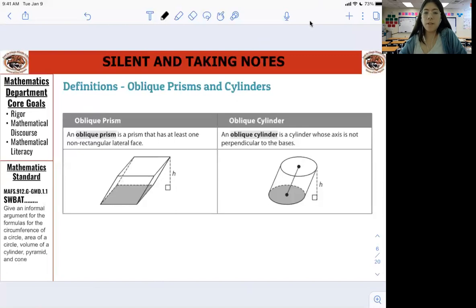Perla thinks the volume formula is going to change. How about somebody else? Do we agree? Do we disagree? Janelle's agrees. Tyrone agrees. Jalen disagrees. Ooh, interesting. Does anyone else disagree?